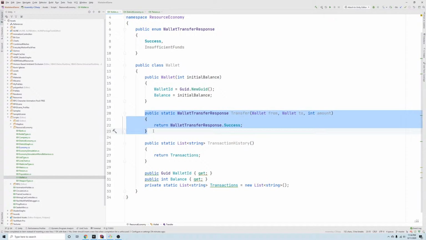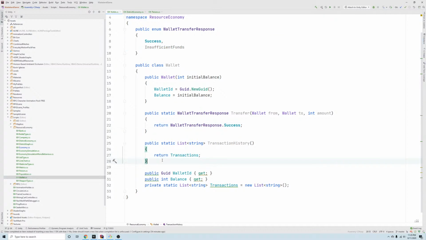The transfer might not be successful if the wallet being transferred from doesn't have enough funds. And perhaps there could be other failures in the future.